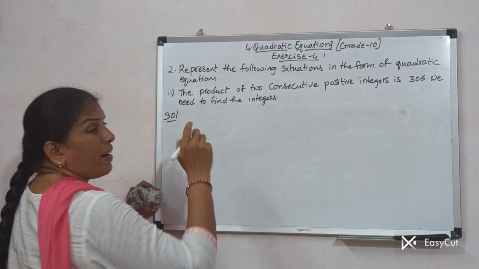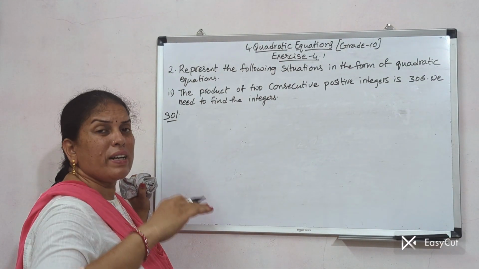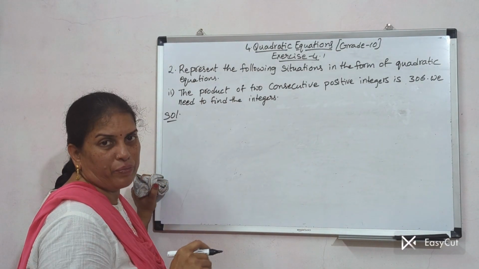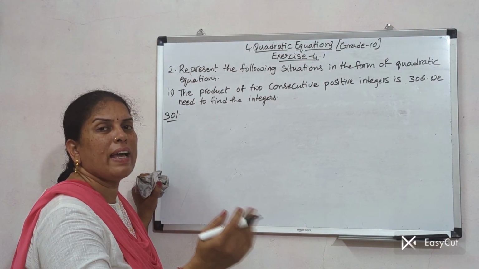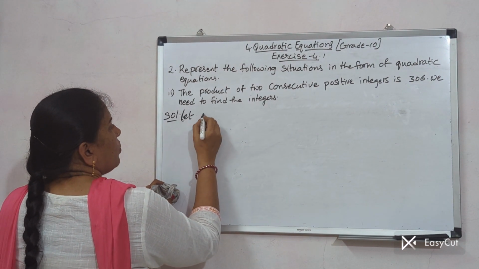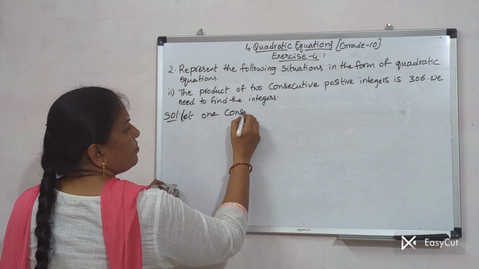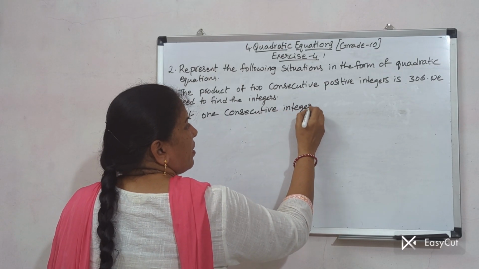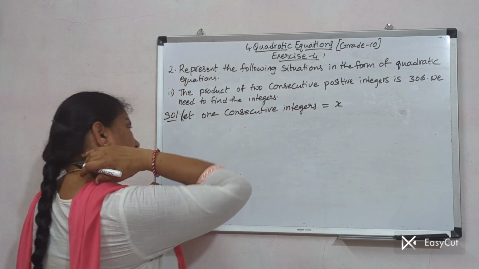We take one integer as x. What is the other positive integer? As I told, to get the next number we need to add 1. So let one consecutive positive integer be equal to x.